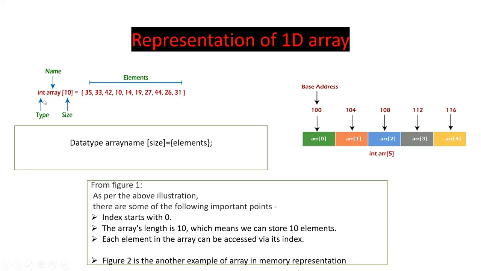Here int is the data type and array is the name of the array, where 10 is the size of the array. It can hold maximum 10 values only. The elements in an array must be separated by commas. The index starts with 0 and the array's length is 10. And this is the representation of a one-dimensional array in memory.